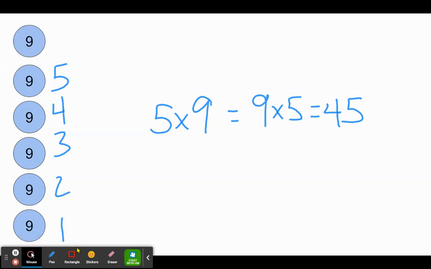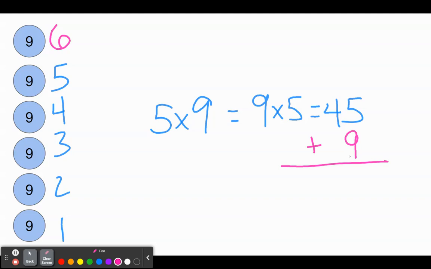Now, what about if I have one more 9? Now I have 6 9s, so I have one more 9 than 9 times 5. So I can go ahead and add one more 9 to 45, because now I have 6 nines instead of 5 nines.